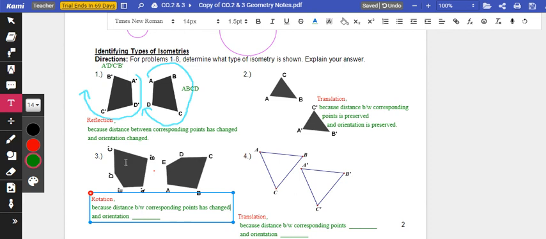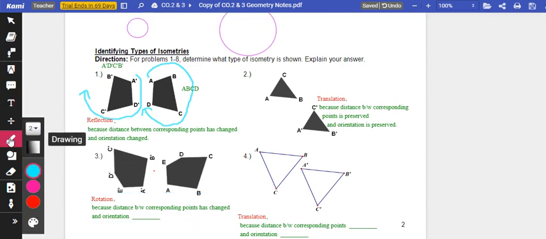The orientation, though, if I start at A and go around clockwise, you don't necessarily always have to start at A, it's just a convenient place to start.